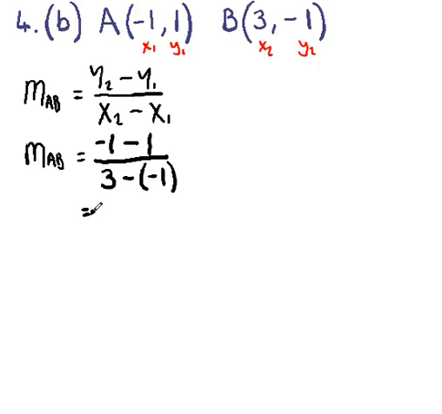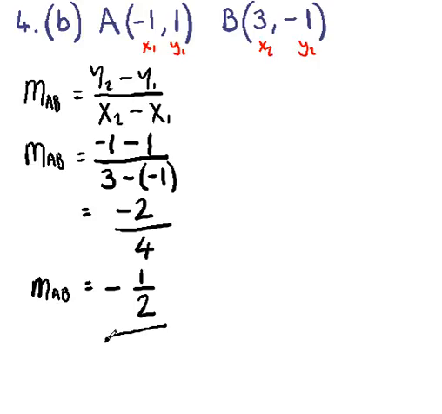So minus 1 minus 1 gives us minus 2 on the top, and 3 minus minus 1 is the same as 3 plus 1. 3 plus 1 is 4. So we have the gradient of the line AB is minus 2 over 4, which can be simplified. Minus 2 divided by 4 gives us a gradient of minus a half. So the gradient m for the line AB is minus a half.